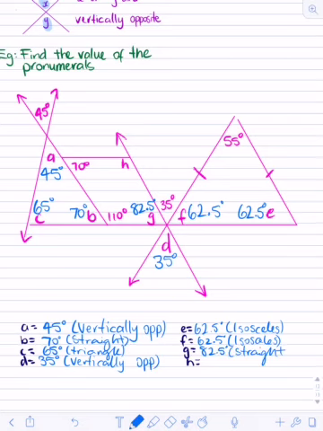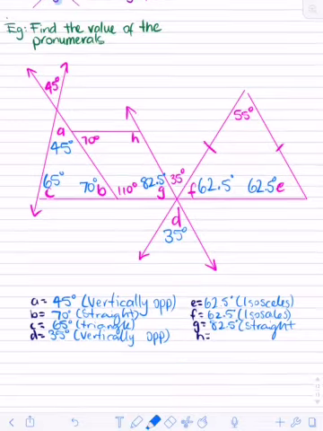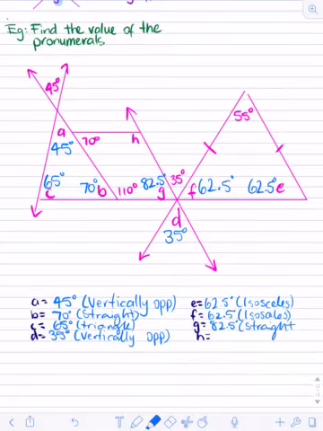Now, one more angle left, which is H. Now, if I look at H, I have this shape here, which is a four-sided shape, which we can also call a quadrilateral. And as we said before, all quadrilaterals add up to 360 degrees. So I know three of those angles out of the four. I know the 70, I know the 110, and I know the 82.5.